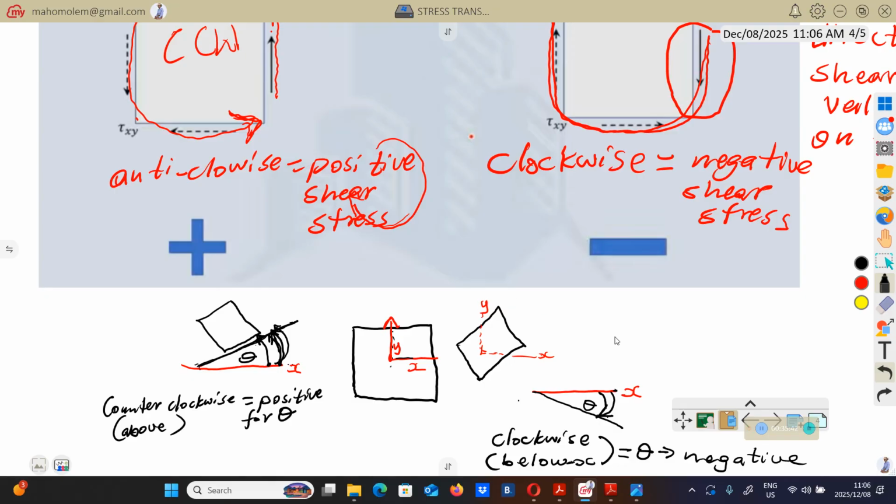So it's all about in which direction you are rotating this element. If you have the element like this, if you rotate it like this, this direction is going to be positive. If you take this and rotate it like this, you push it like that, in that way it will tend to this.